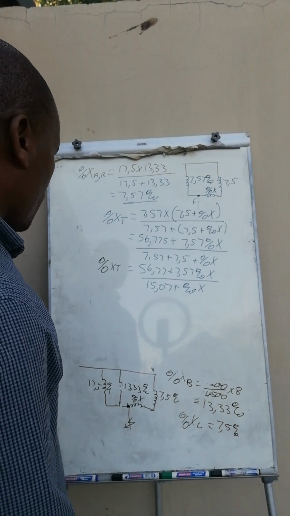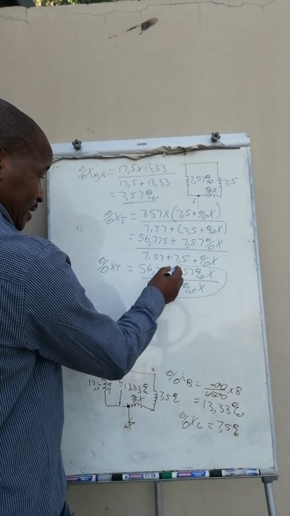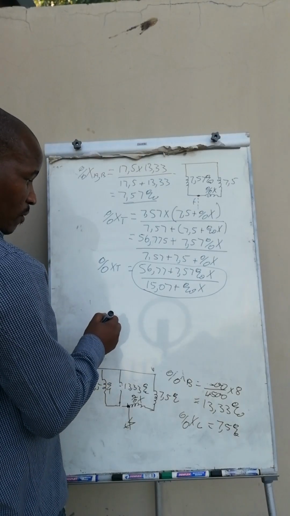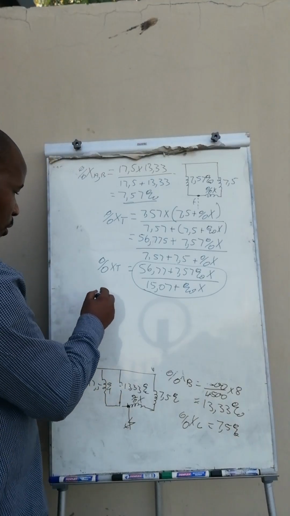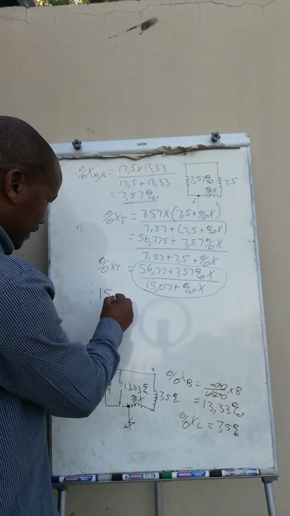But remember, this reactance of the total system should be able to interrupt a fault of 150.